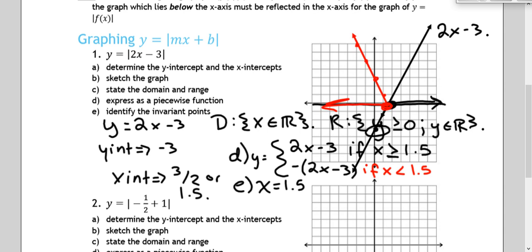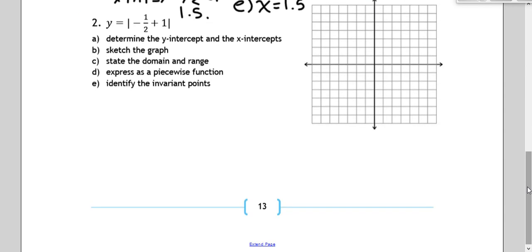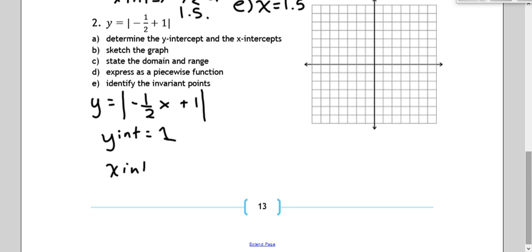Okay, let's try that with the next one. So this should be y is equal to the absolute value of -1/2 x plus 1. So our y-intercept is 1, x-intercept is 2.